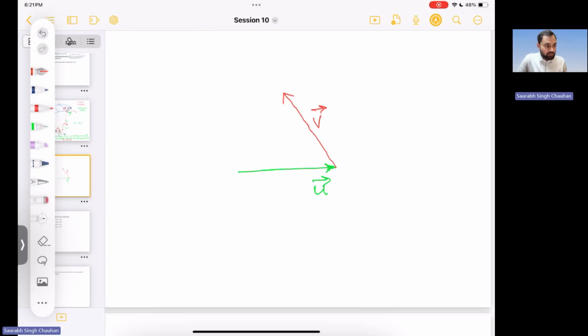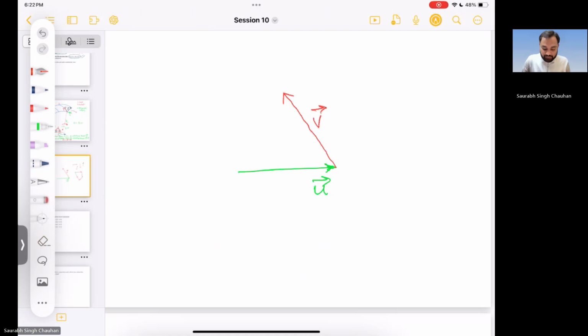For example, if you are applying some force, then it is important at what point you are applying it. But if you have many forces acting at that point and you want to find the resultant force, then to add those vectors you can translate them. So this is vector 1, this is vector 2, vector 3, vector 4. If you want to add them, you write the first vector and take the next so that the tail of the second vector is at the head of the first vector. Like this, you can keep on adding, and finally whatever you get will be the resultant.